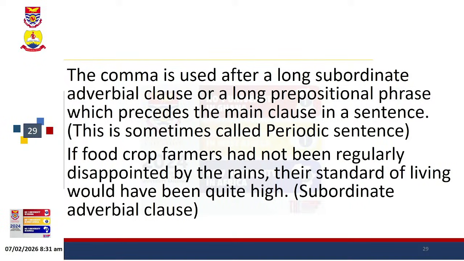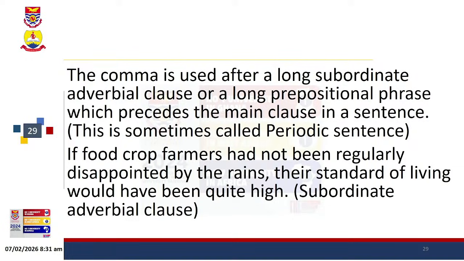If food crop farmers had not been regularly disappointed by the rains, you see, naturally we pause when we read sentences like this. The pauses are reflections of the commas in writing. If food crop farmers had not been regularly disappointed by the rains, their standard of living would have been quite high.